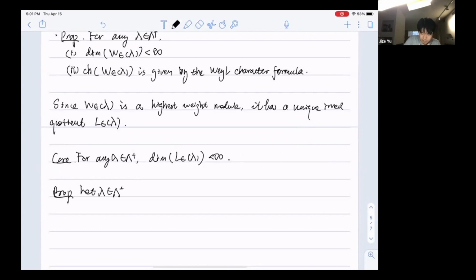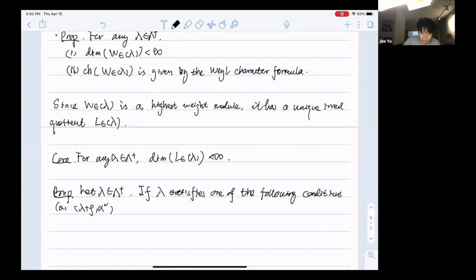So let lambda be dominant. If lambda satisfies one of the following conditions. Condition A is lambda plus rho paired with alpha check is less than L for any positive alpha.